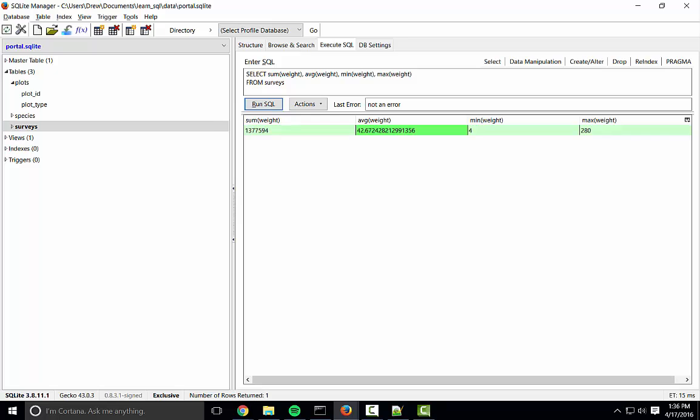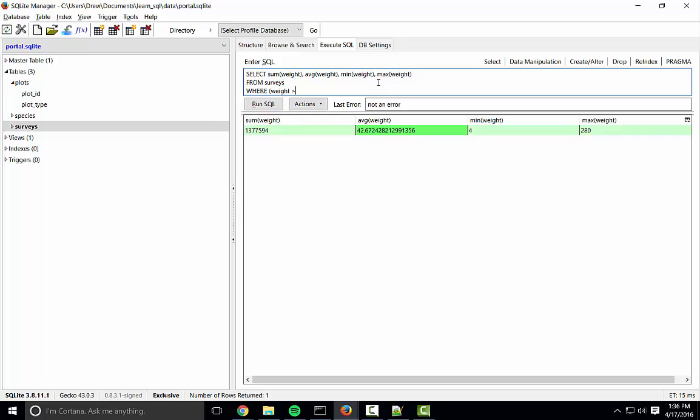The second part of the challenge is to modify the query so that it outputs these values only for weights between 5 and 10. So let's try a where clause here. Let's put in some parentheses.